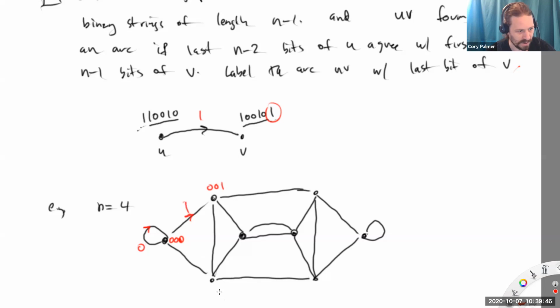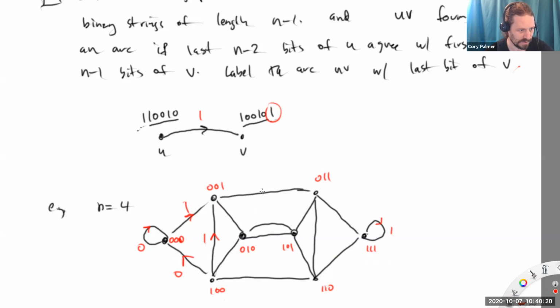Then we get 1, 0, 0, and this one should point this direction. 1, 0, 0 points to there, and I get a 0 there. Some of these take a few moments to actually see. That goes up there. This is 0, 1, 0. I didn't label that, so I'll have to figure it out. 0, 1, 1, 1, 0, 1, 1, 1. This one's easy. Again, the loop's direction doesn't matter, and it's a 1.